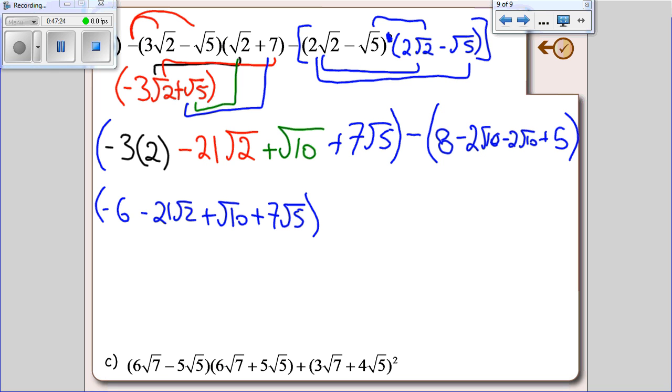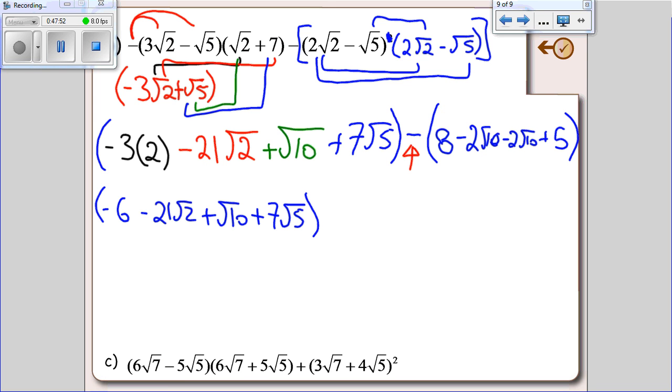This negative right here, the one I'm going to underline in red, he's ruining things for us. He's the one that doesn't let us just get rid of the brackets yet. We have to distribute that in. So when we distribute it, it becomes a positive, and then everything else flips. So it will become negative. We could have combined the 5 and the 8, right?